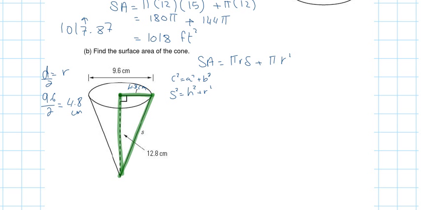Remember, guys, that c represents your hypotenuse, and in this case, your hypotenuse is called S. Okay. The height is 12.8, and if I square that, plus the radius, which is 4.8 squared.